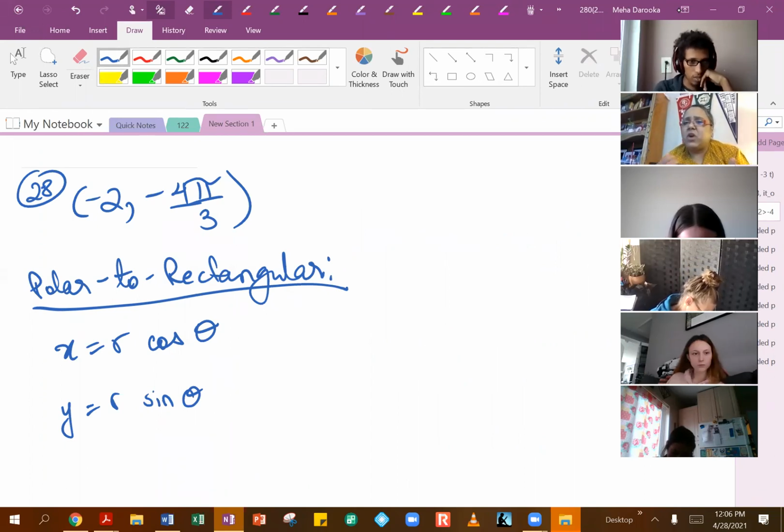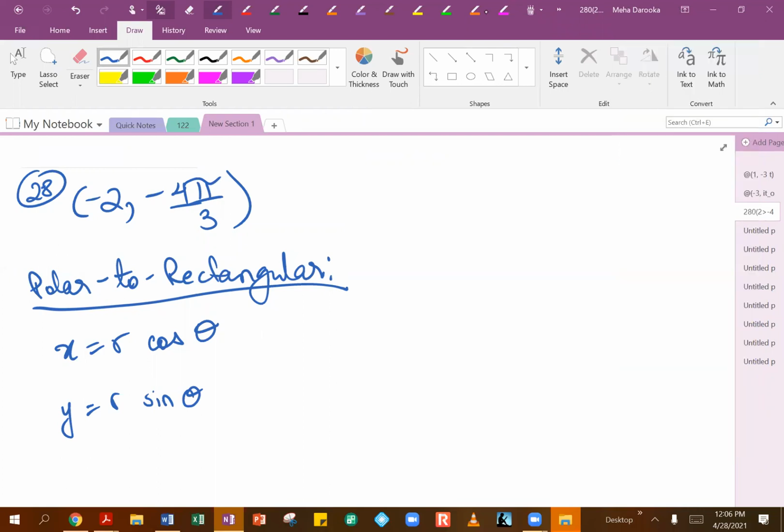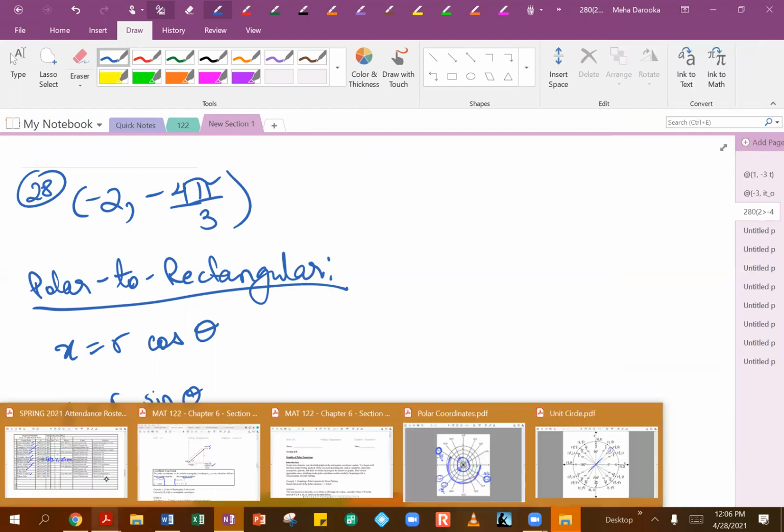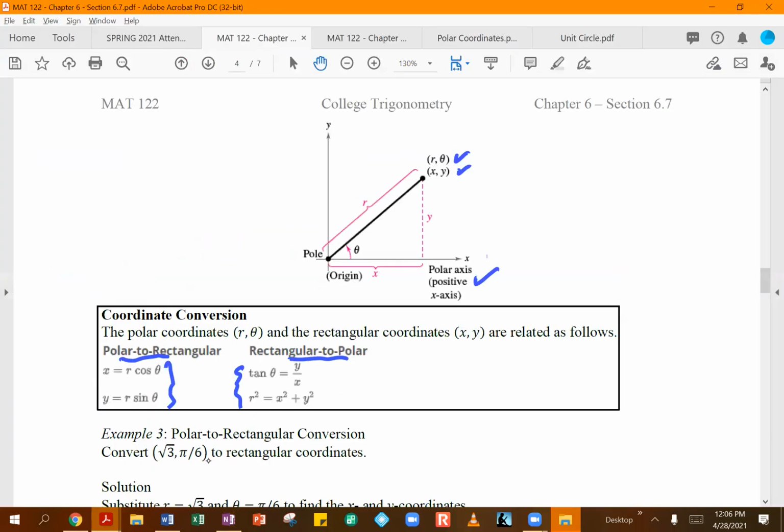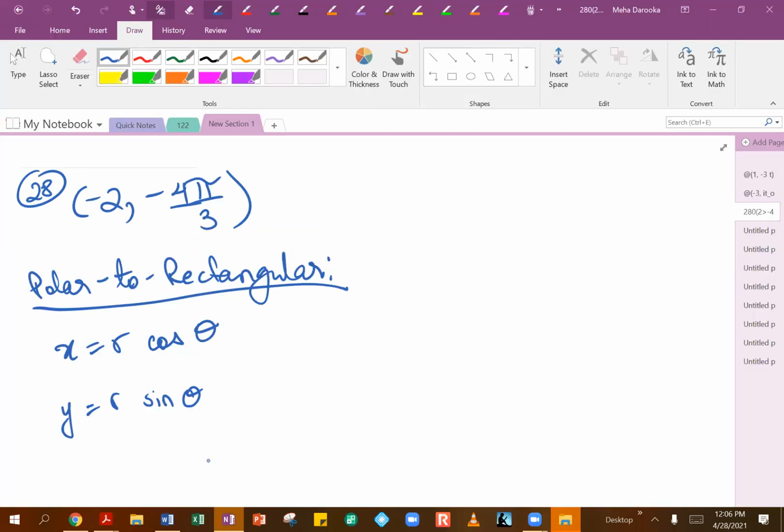So they're not really bringing anything new in here, as far as these conversions go. Just using those definitions, with our polar coordinates, this is our r value, this is our theta. So literally just plugging this in, x is -2 times cosine of -4 pi over 3.